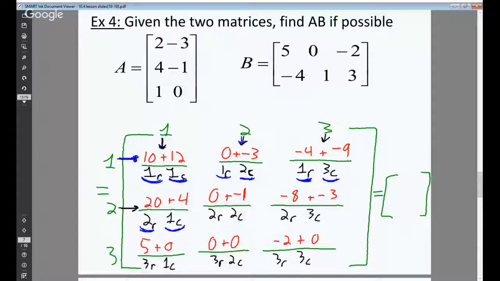There we go. So 22, -3, -13. And then the second row, you should have 24, -1, -11. And the third row, you should have 5, 0, and -2. So then this would end up being your final answer for this matrix.